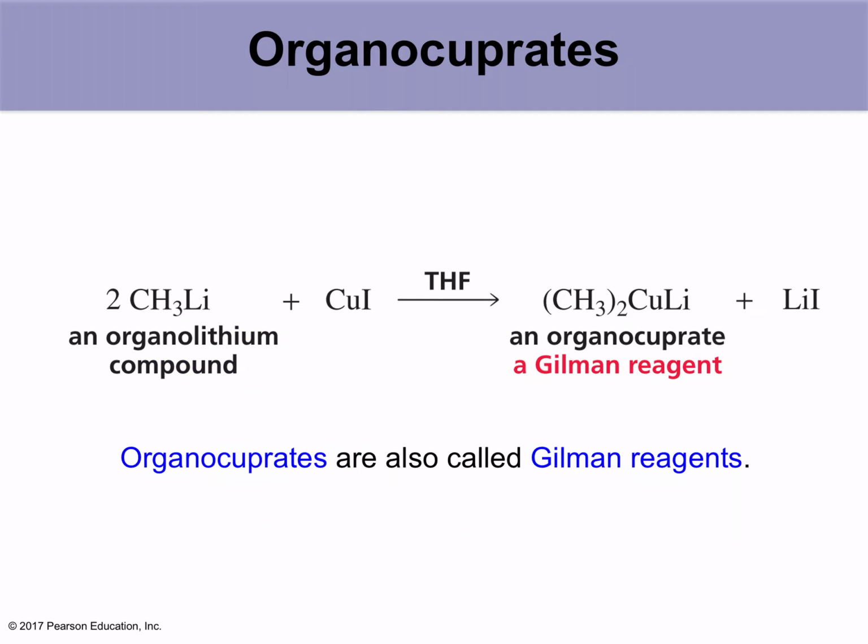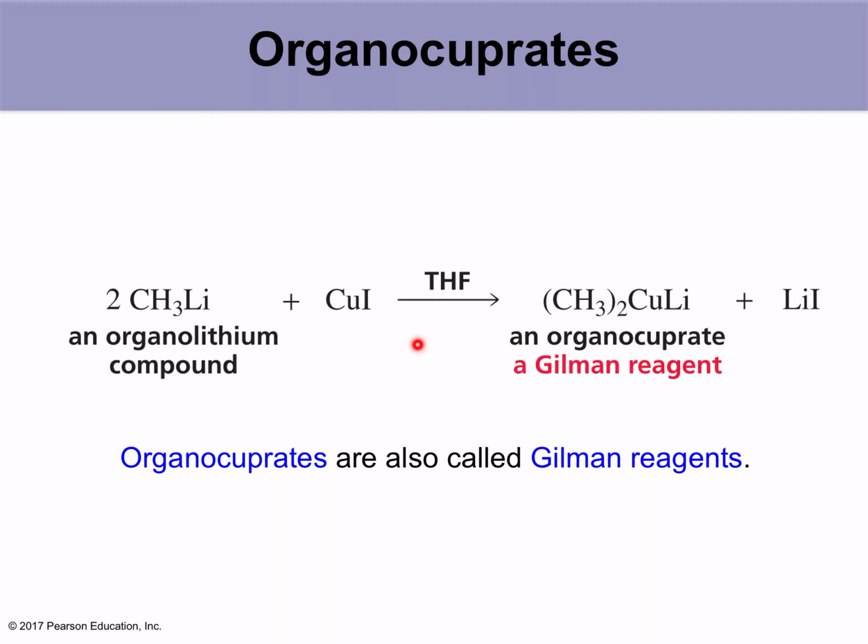And then we have organocuprates. Cuprates are when the alkyl groups are with copper groups. How do we make cuprates? You can start with an organolithium compound and react it with copper iodide in the presence of tetrahydrofuran, THF.